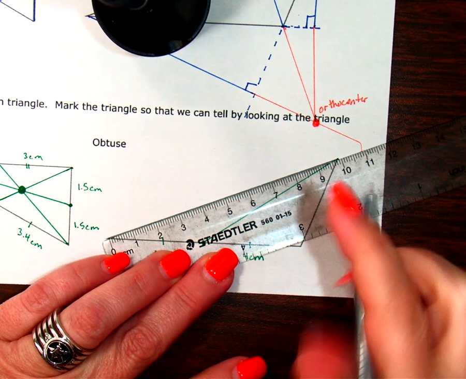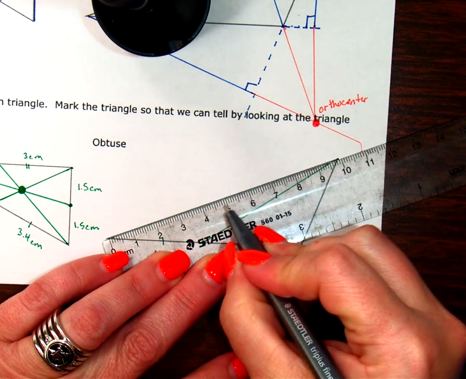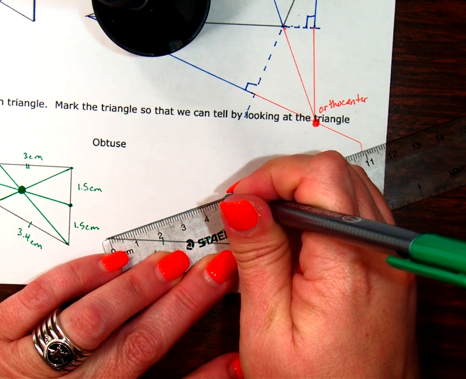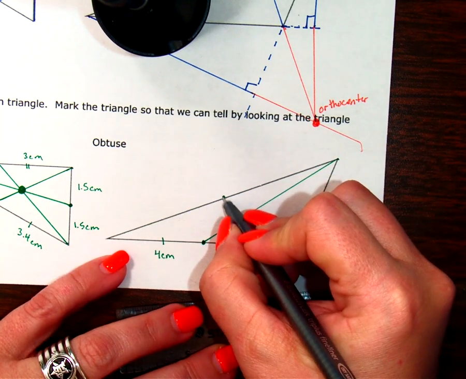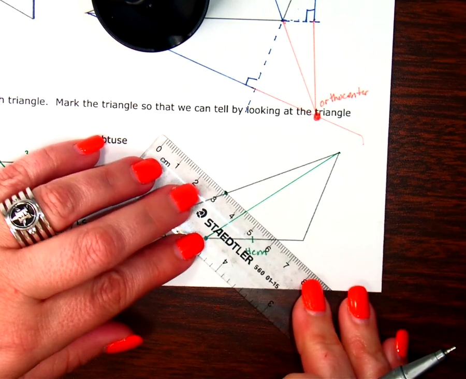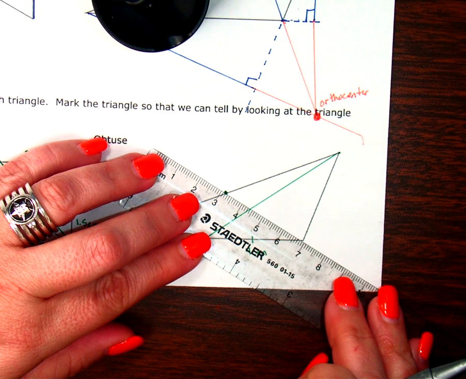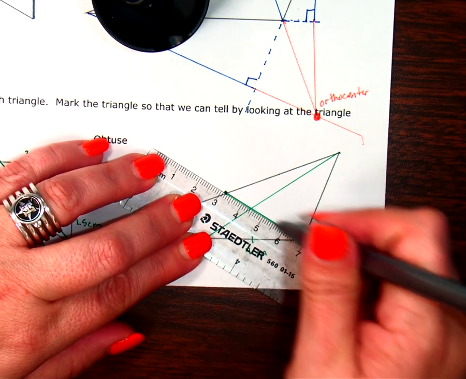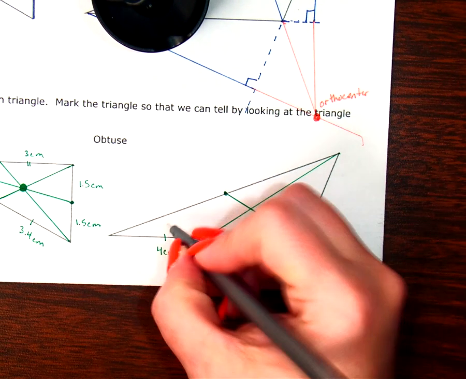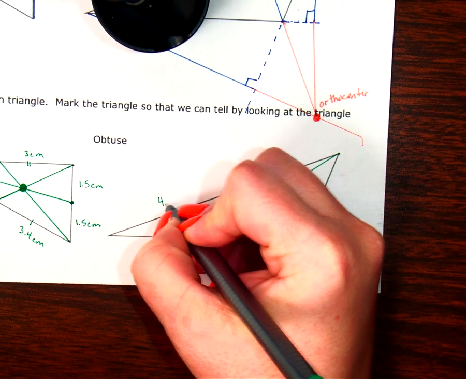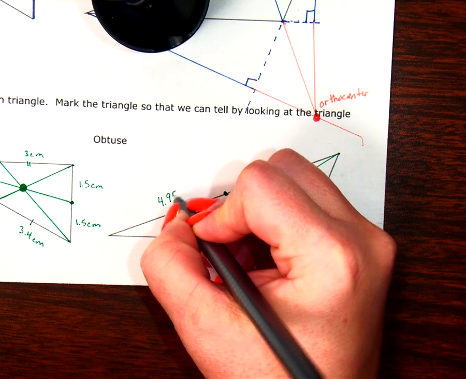So almost at the 5. 4.95 is going to be halfway between the tick mark right in front of the 5 and the 5. There's my midpoint. There's my median. Now this was a different measurement. It was 4.95, almost a whole centimeter bigger.